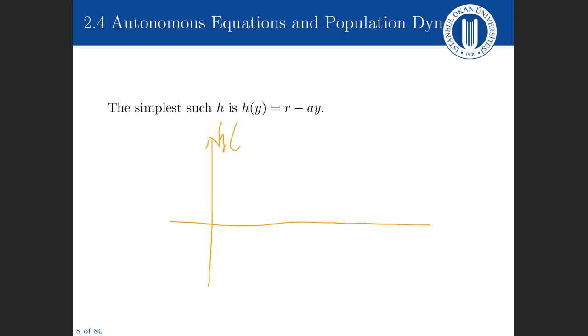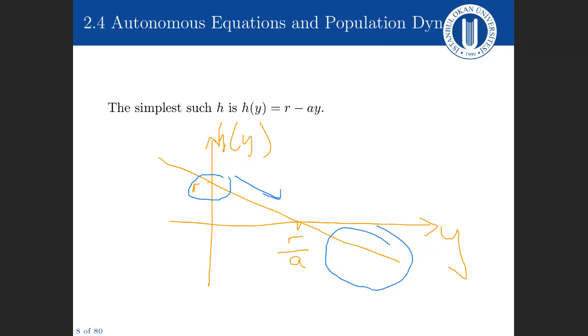This is h of y, and if this is y, we have a straight line. This is r, and this is some number, in fact, r divided by a. When y is small, the function is approximately equal to r. That's good. The function decreases, and for very large y, the function is negative.